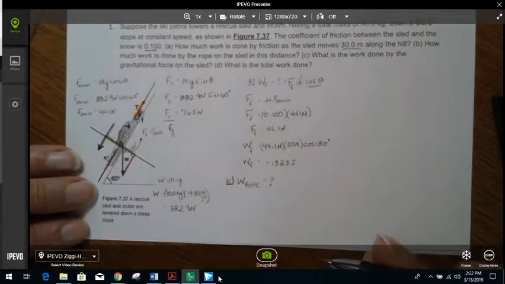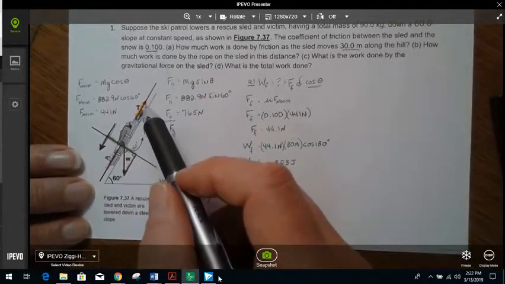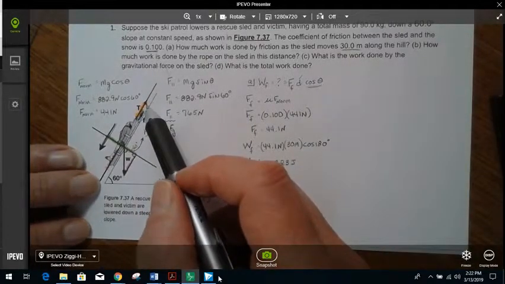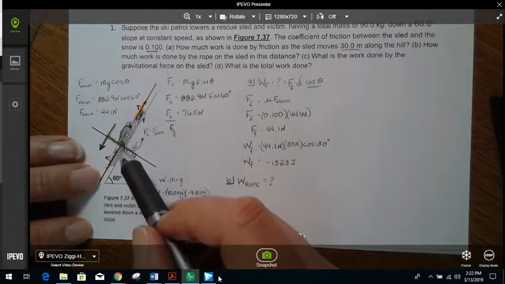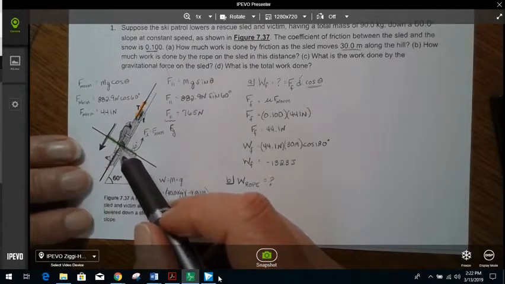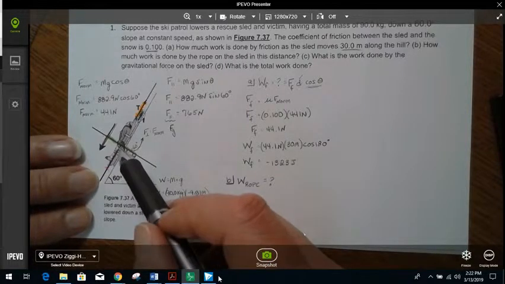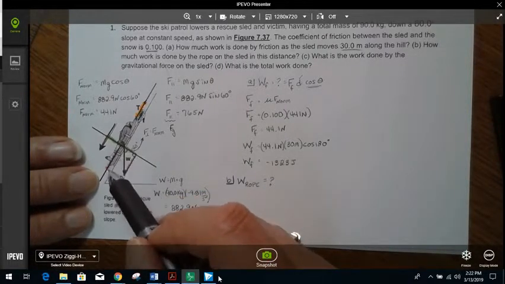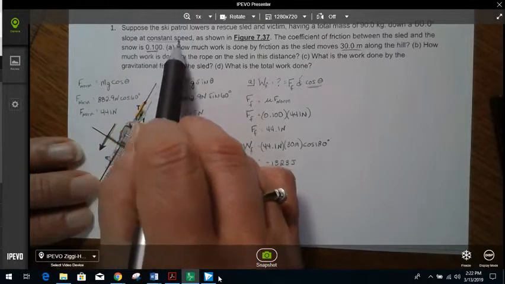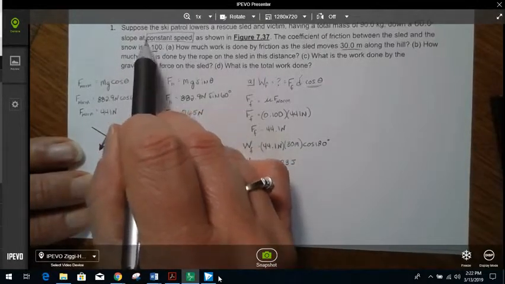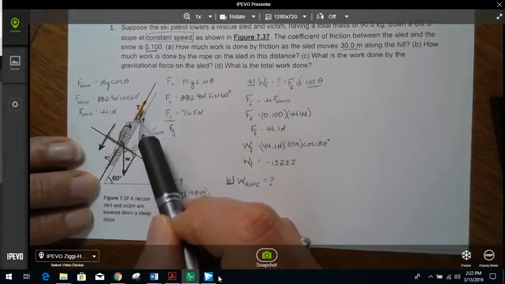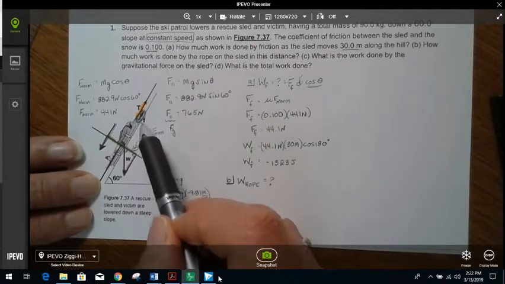Now, here's the thing. The work done by the tension force should be equal and opposite to the work done by the weight component because it's traveling at a constant speed. Except we have this frictional force in here, right?